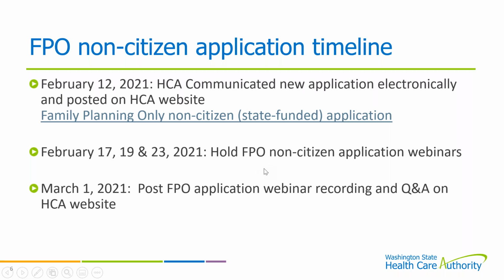By March 1st, 2021, we will post the application webinar recording, the slide deck, and the Q&A on our website. We will also send all of this information to all our webinar participants. So you'll have the slide deck, the link to the application, and all of the information discussed today.